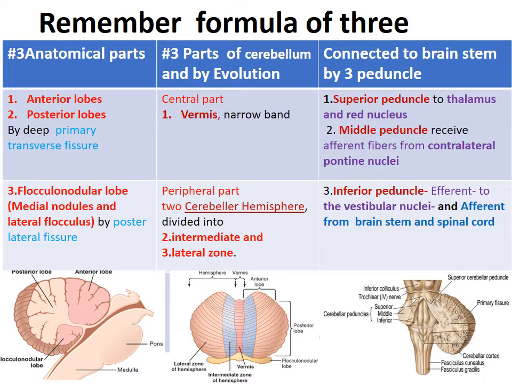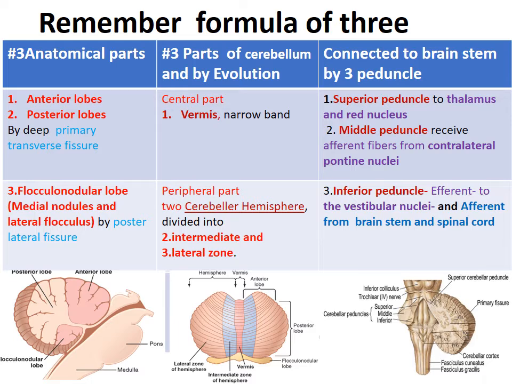Again, by the 3 peduncles it is connected to the brain stem and other parts of the brain: the superior peduncle, middle peduncle, and inferior peduncle. When we cut vertically, it is placed dorsal to the brain stem and inferior to the occipital cortex.